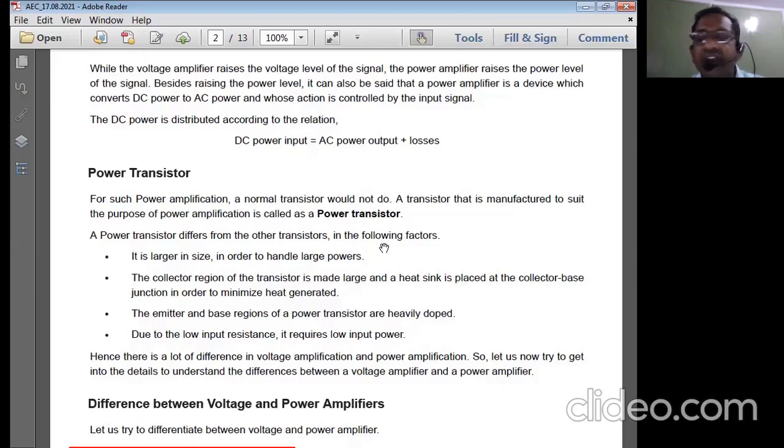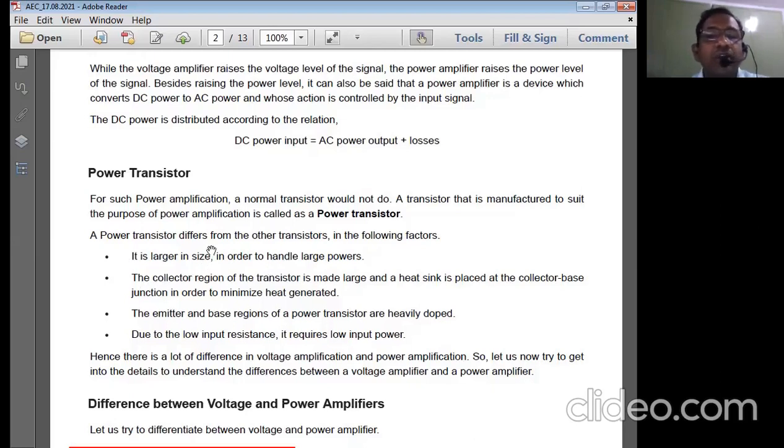Therefore, you have to use heat sinks. So in order to support heat sinks, you have to compulsorily increase the collector to base region of the transistor amplifier. Therefore, the overall size of the transistor in a power amplifier circuit has to be larger than the voltage amplifiers.